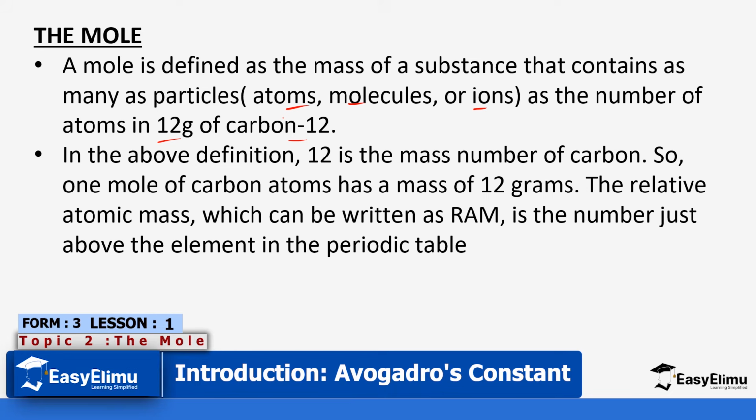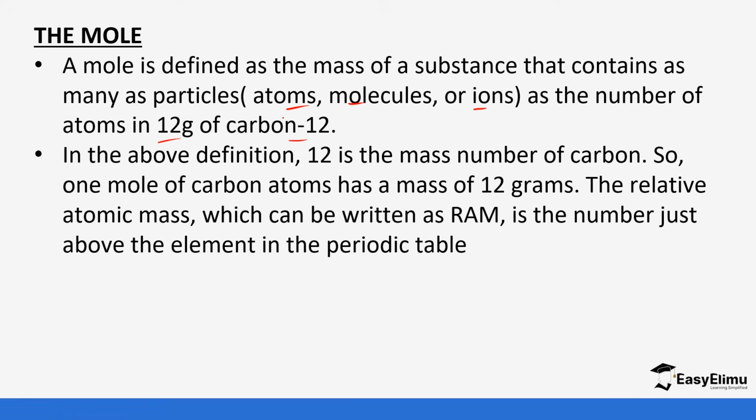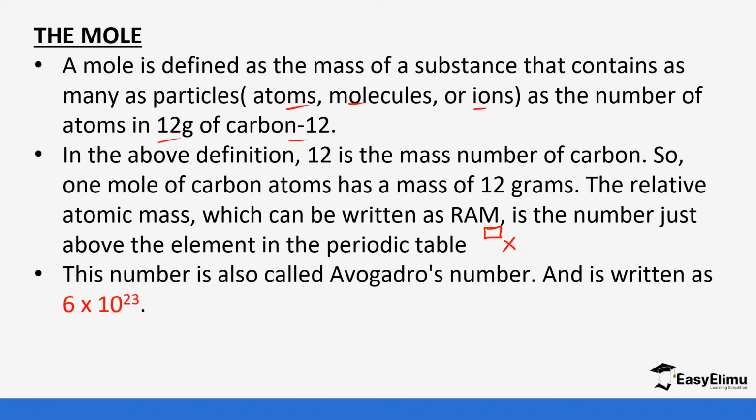The relative atomic mass, which can be written as RAM, is the number just above the element in the periodic table. So you always notice it here at this superscript. This number is also called Avogadro's number, and it is usually written as 6.02 times 10 power 23.